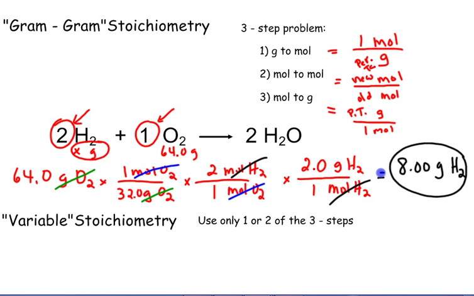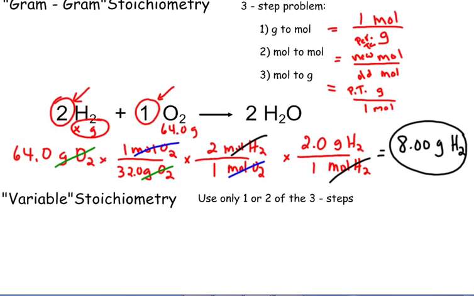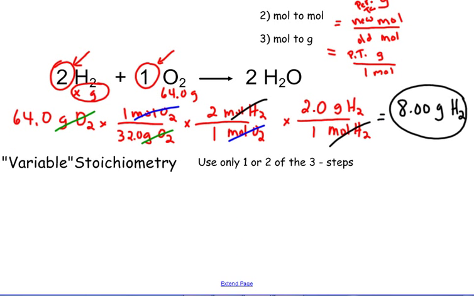Okay, so that's gram-gram stoichiometry. But now I'm going to introduce some problems to you which are considered to be variable stoichiometry, meaning that you will use fewer than the 3 steps. Okay, so here's the thing.